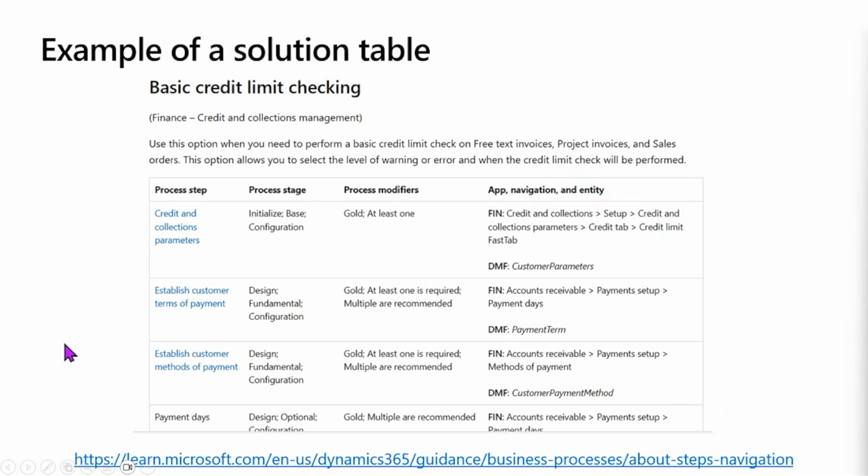Those solution tables provide the detailed steps that are required, including any prerequisites for setting up a process. The tables are organized and they have several columns. I want to explain these, but there is an article that you can find that has a lot more detail than I'm going to cover today about these tables and how to navigate around them.